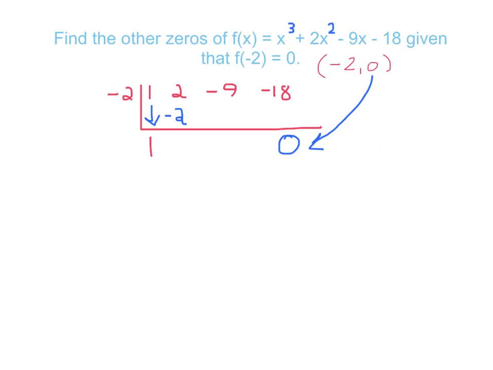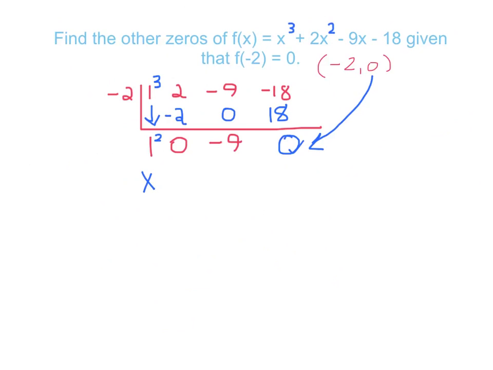I wanted that in red. I'm going to multiply, put in here, add. I'm going to multiply, put in here, and add, and I end up with 0. That's good. Okay, so I have found one of the zeros is negative 2. Remember, again, if this is x cubed and I divide by an x, this now becomes x squared.